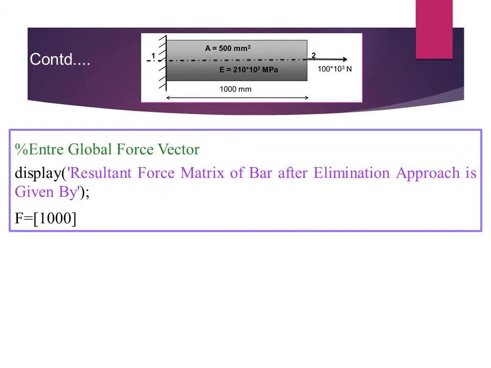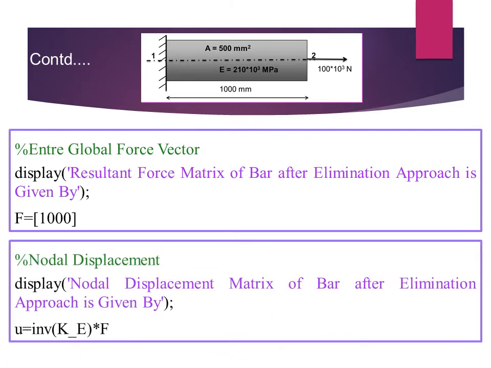Next is to enter the global force vector, but I am entering only the value of the resultant force matrix for the bar after the elimination approach, and as the first row and first column get eliminated, ultimately your force vector is in square bracket, only 1000 at the second node.